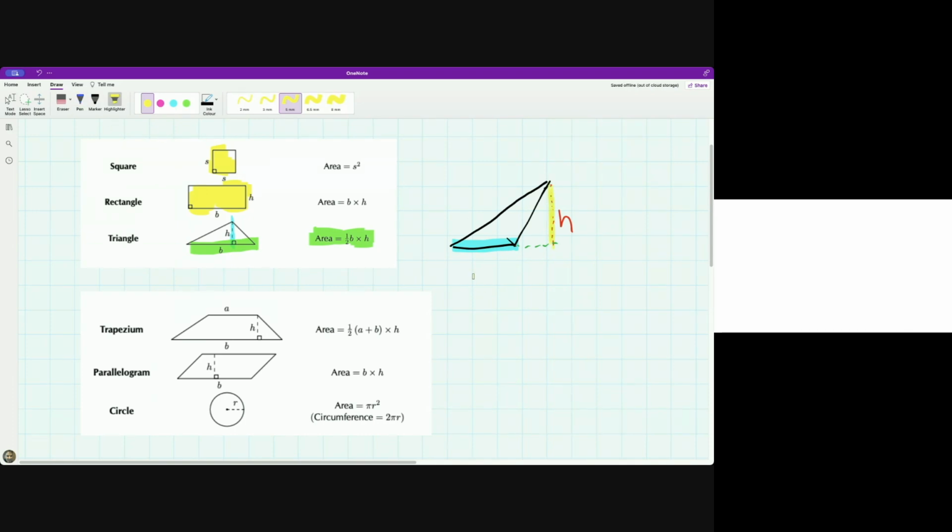And you'd go a half base times height, where the base would be that bit and the height would be that bit. And that often catches students where the height is outside. Give me a thumbs up if that little tip makes sense.